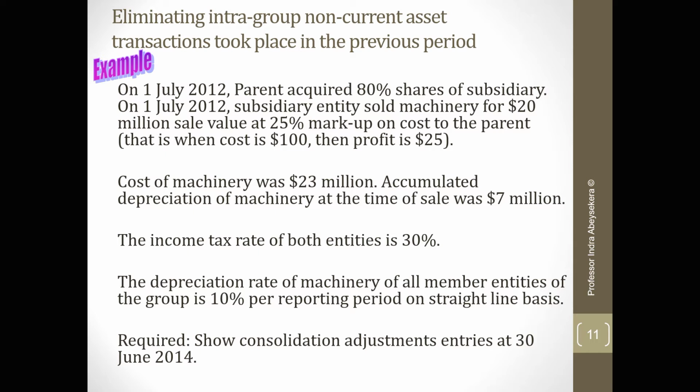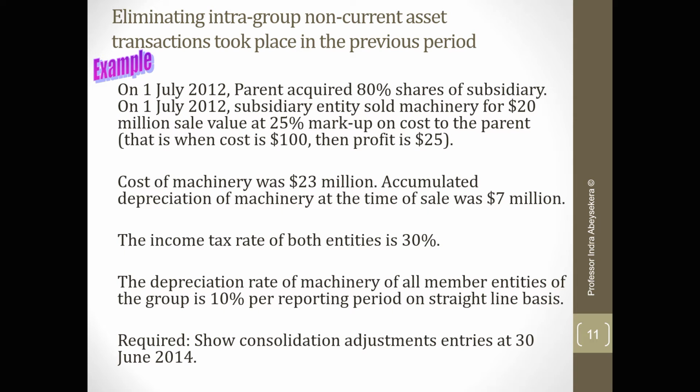And the cost of the machinery was 23 million, accumulated depreciation was 7 million at the date of sale. Income tax rate for both entities is 30%, and the depreciation rate is 10% per reporting period on straight line basis. And we need to record the journal entries at 30th of June 2014.